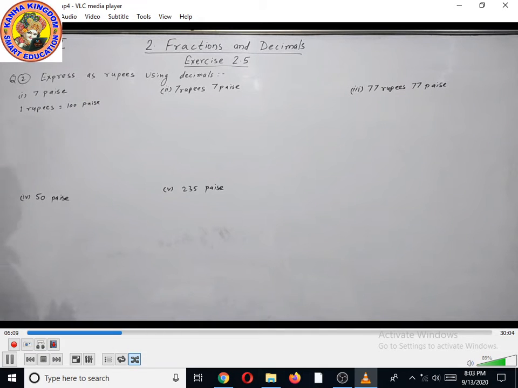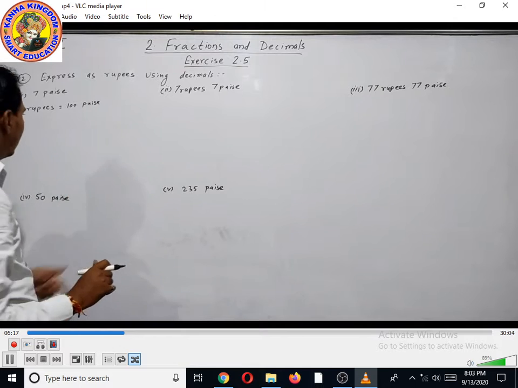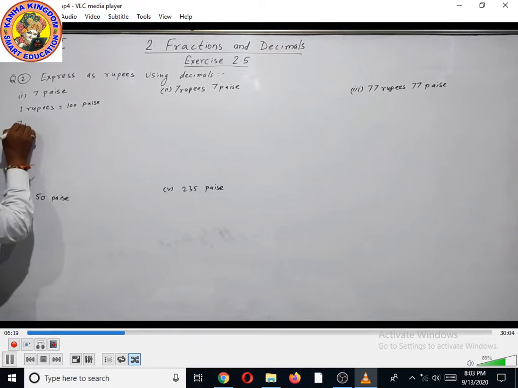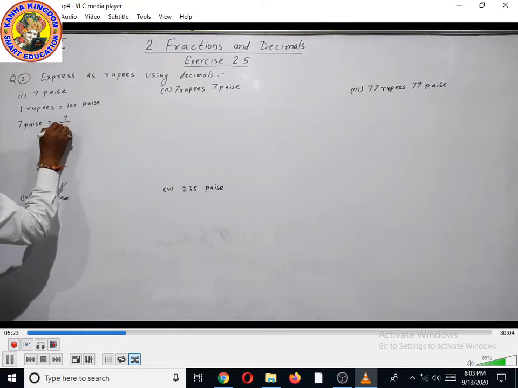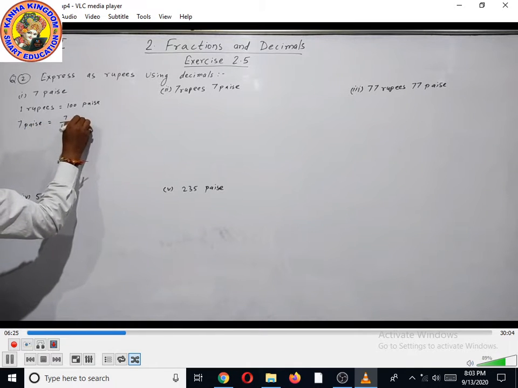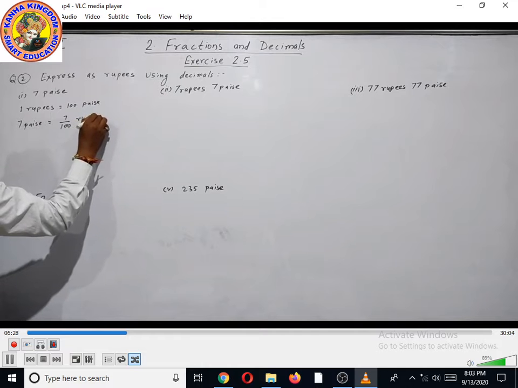So for converting paise to rupees, we will divide by 100. So 7 paise is equal to 7 upon 100 rupees.